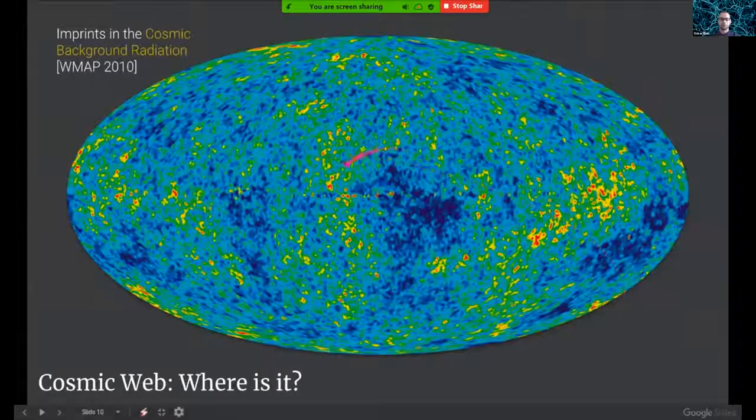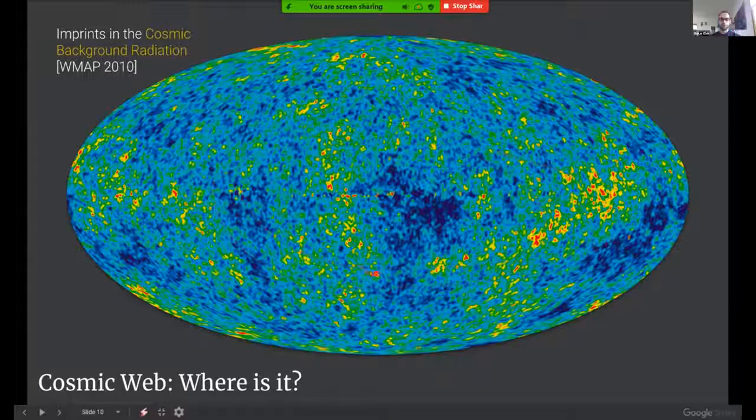We have indirect evidence or observations. For instance, the cosmic background radiation in the microwave wavelengths, where we see an indirect footprint of this cosmic web structure, but nothing that can directly be used for reconstruction.